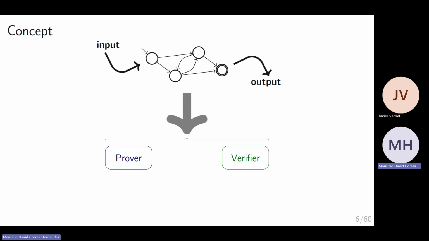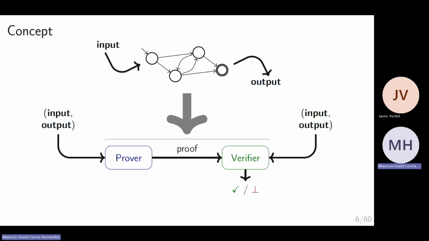And we want to split this computation up into two parts, the prover and the verifier, such that the prover takes the input and the output, and produces a proof. The verifier takes this proof, as well as the original input and output, and decides if that original input and output is a correct pair, meaning that input is sent to that output.